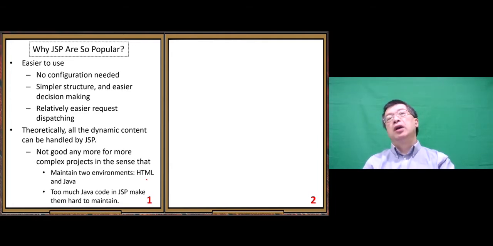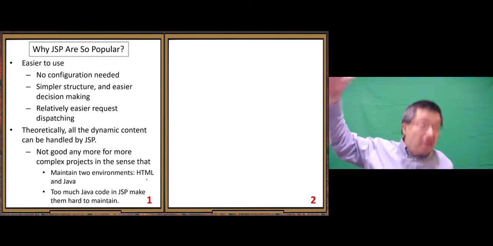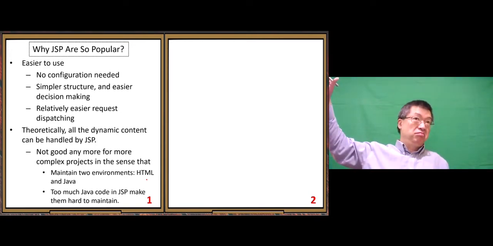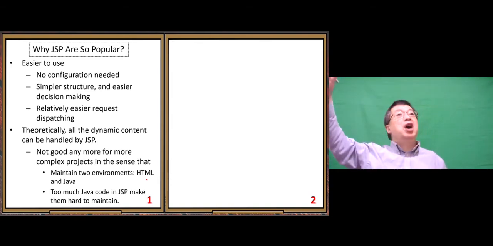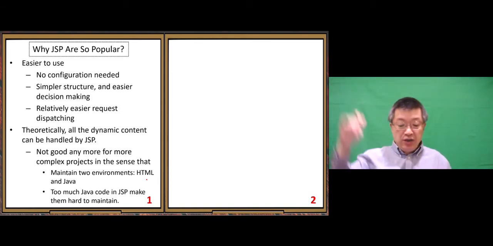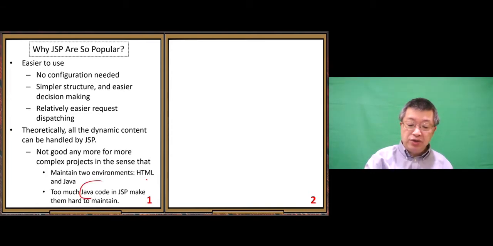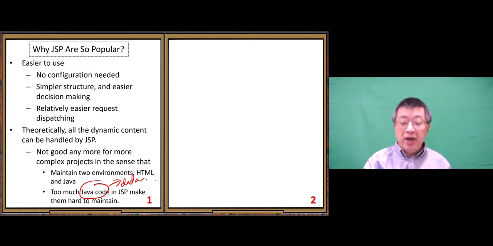In JSP, if you have long Java code, theoretically you can do that. Usually the Java code is used to do data processing, and you may have very complicated data processing.